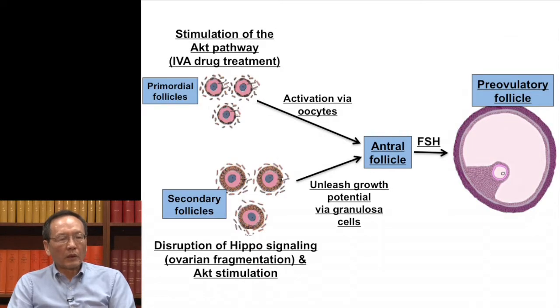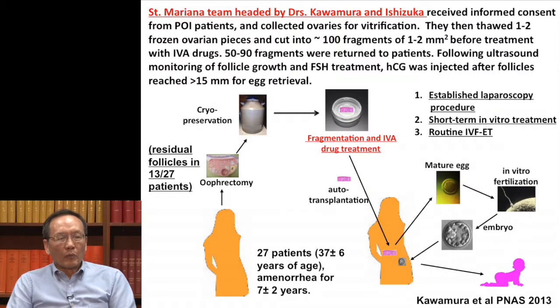So it's summarized here on top, showing the primordial follicle goes through this IVA drug treatment, and the secondary follicle goes through disruption of Hippo signaling as well as AKT stimulation, leading to the pre-ovulatory follicles. So then, finally, we summarize all the data in the clinical setting.